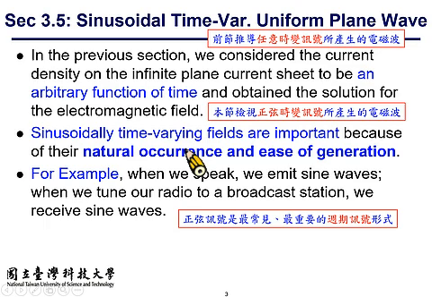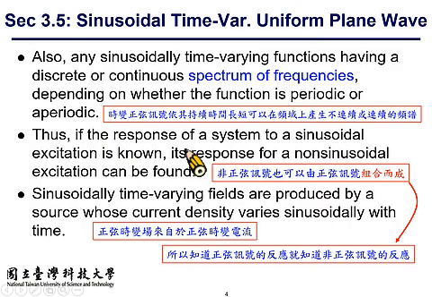So the sinusoidal function is the most important, most common form of periodic signal, and it can produce continuous or discrete spectrum on the frequency domain.